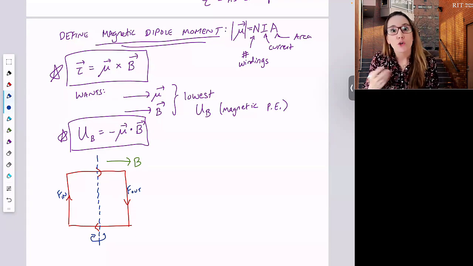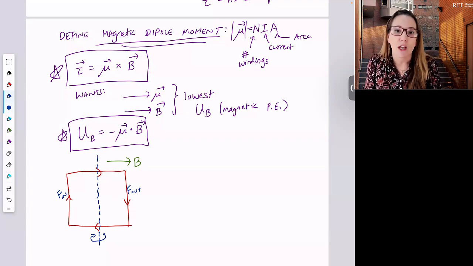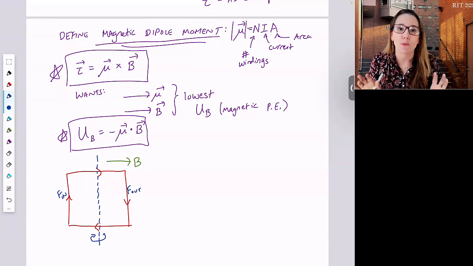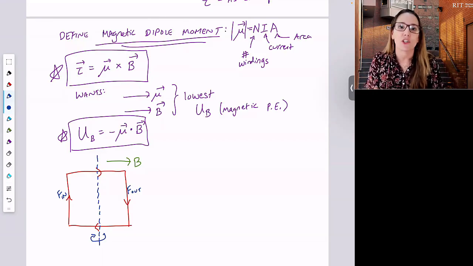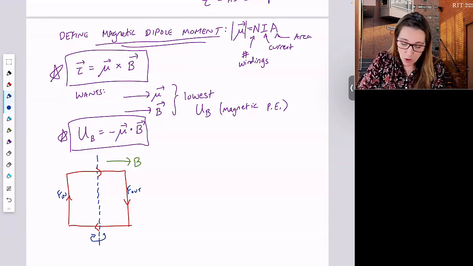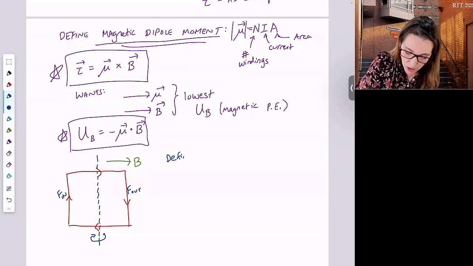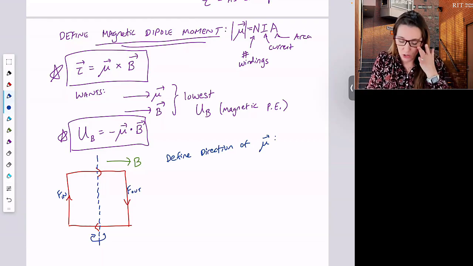By definition, just like we define the electric dipole moment to have the correct direction to make these equations nice, and to make mu want to line up with B and P line up with E, we're going to define the direction of mu as follows.